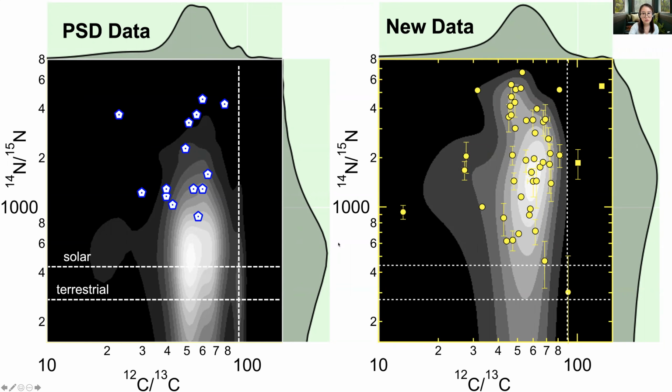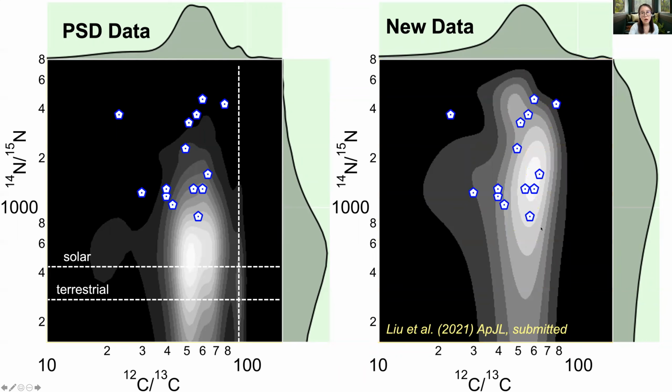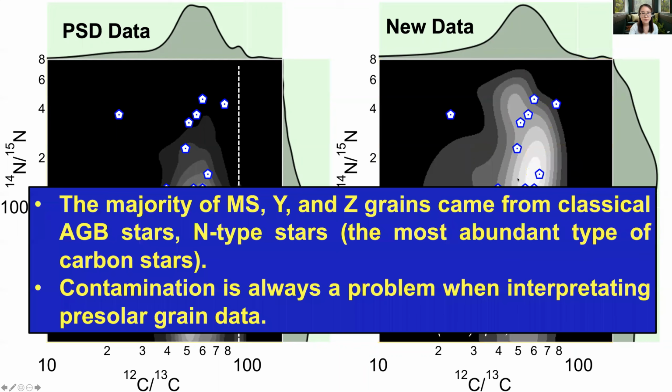Based on such a direct comparison, we indeed see that the new grains show significantly increased nitrogen-14 to 15 ratios. Now we can add the carbon star observations in the plot on the right, and we see the observations mostly falling in the high density grain region, and this points to a very good agreement.